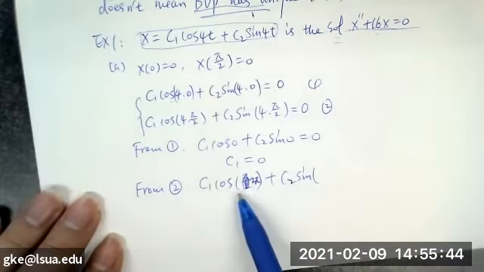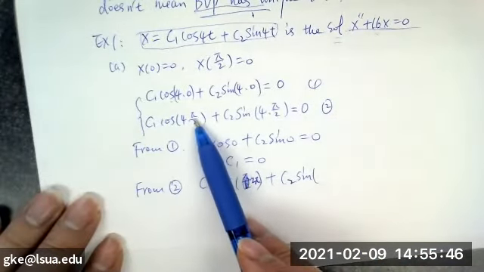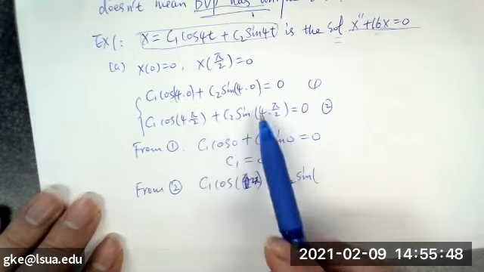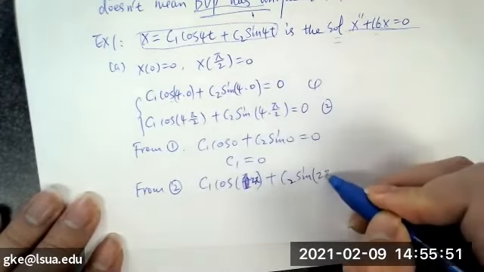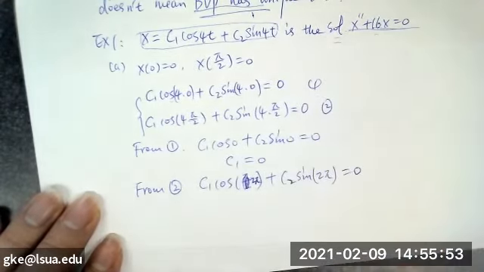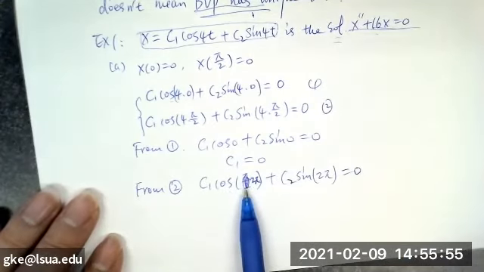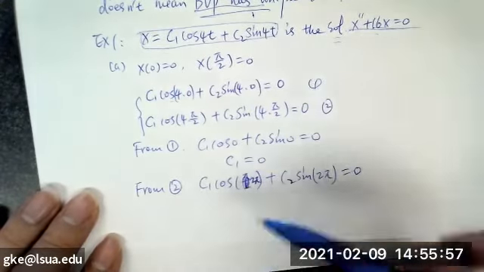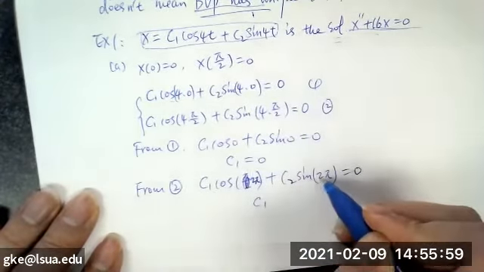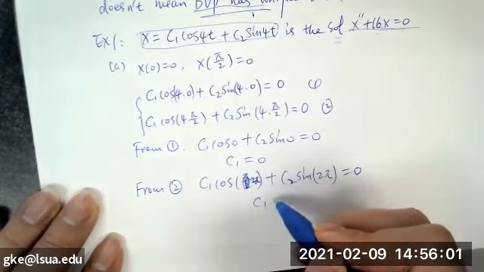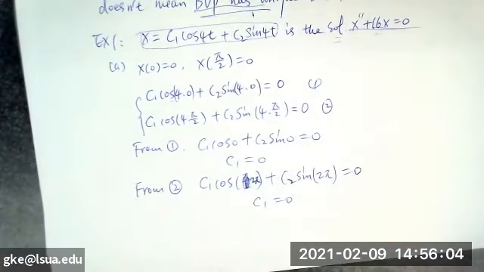Right? 4 times pi over 2 is 2 pi. And here is sine 2 pi. As we can see, cosine 2 pi is 1, right? Sine 2 pi is 0. So you still get C1 equals 0.